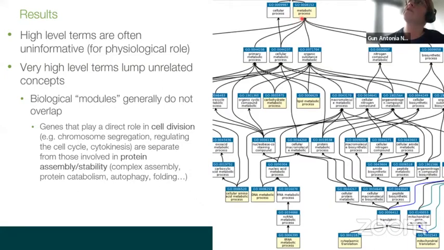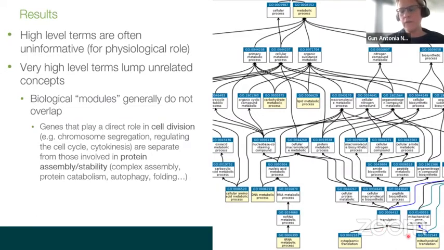But when you look at the ontology, metabolic process is such a high-level term that it's a little bit meaningless to show it as a result, because types of metabolic processes include, for example, lipid metabolic process, carbohydrate metabolic process, DNA metabolic process, and mitochondrial translation, for instance. And these biological programs don't really overlap.